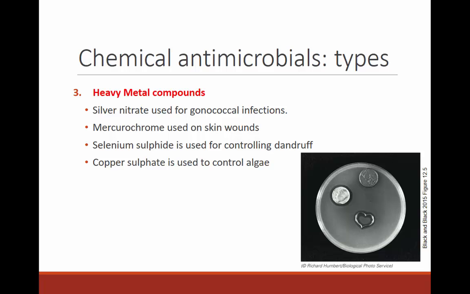So if someone is having a baby and they're infected with Neisseria gonorrhoeae, okay, that can be transferred to the newborn. Now, silver nitrate is typically put in their eyes because gonococcal infections can cause damage to the cornea and also, if it's not treated, can cause total blindness.